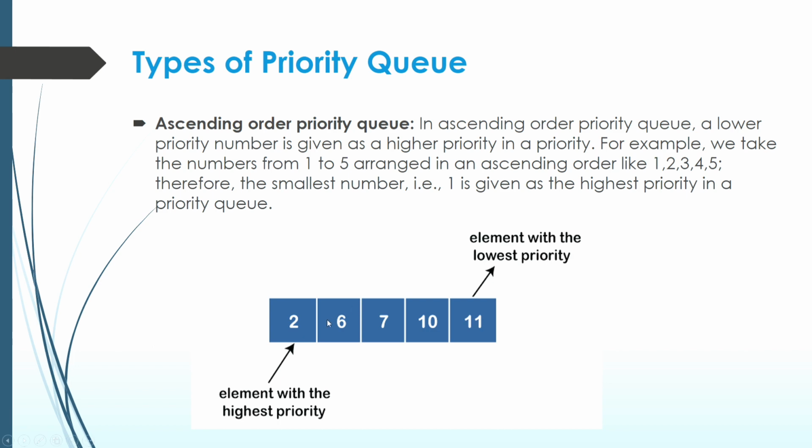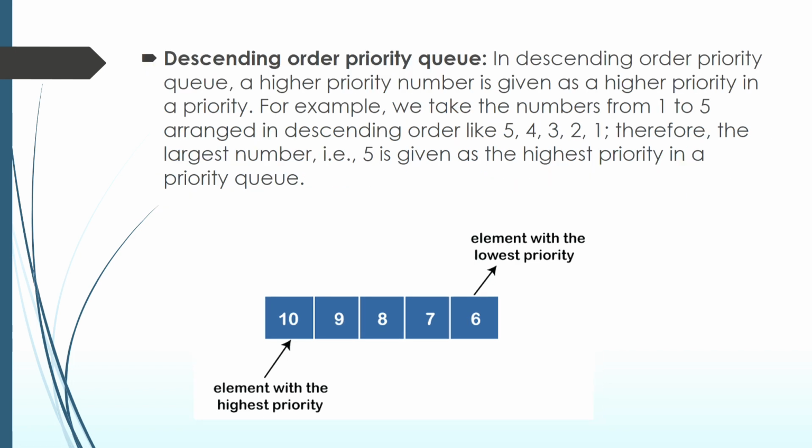So if we see this example, 2, 6, 7, 10, 11, the element 2 will have the highest priority because it has the lower priority number, right? And the element 11 has the lowest priority because its value is 11 and it is much more than 2, right?